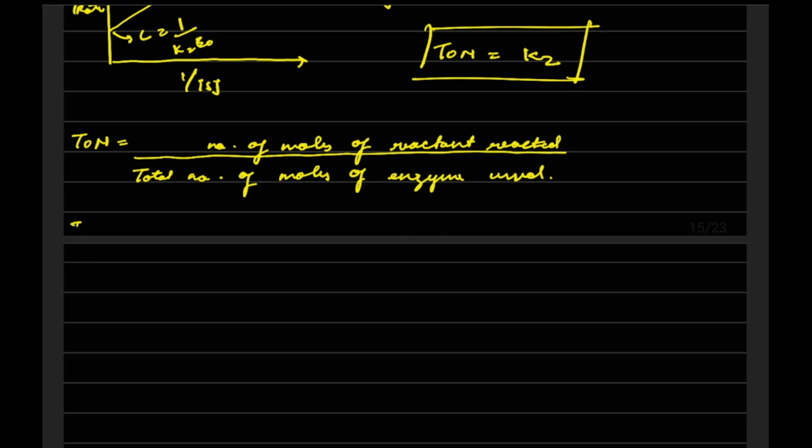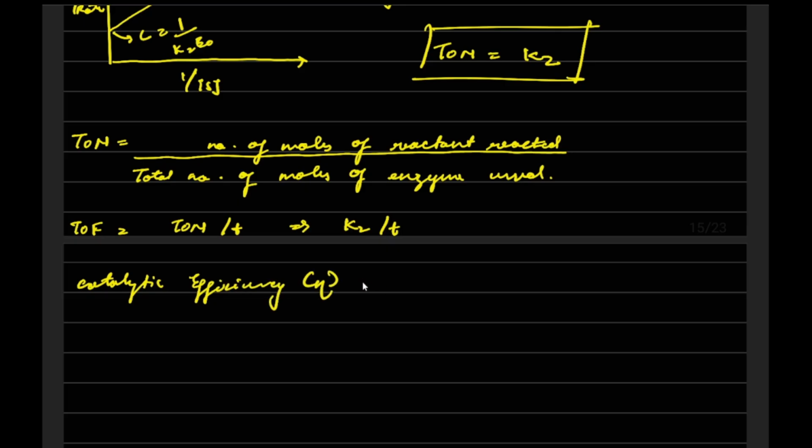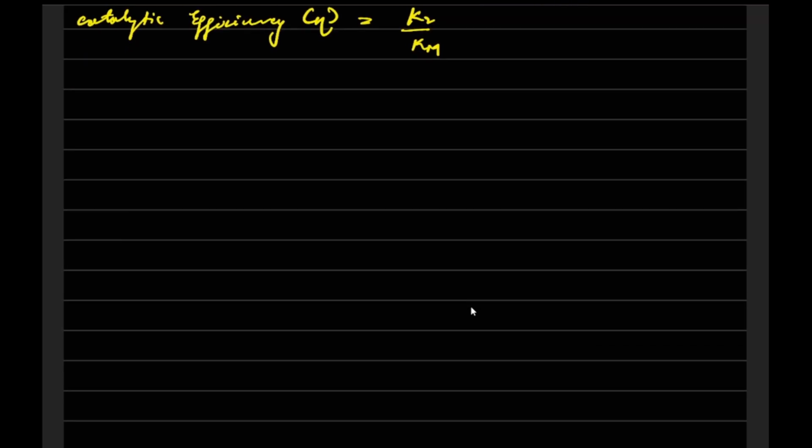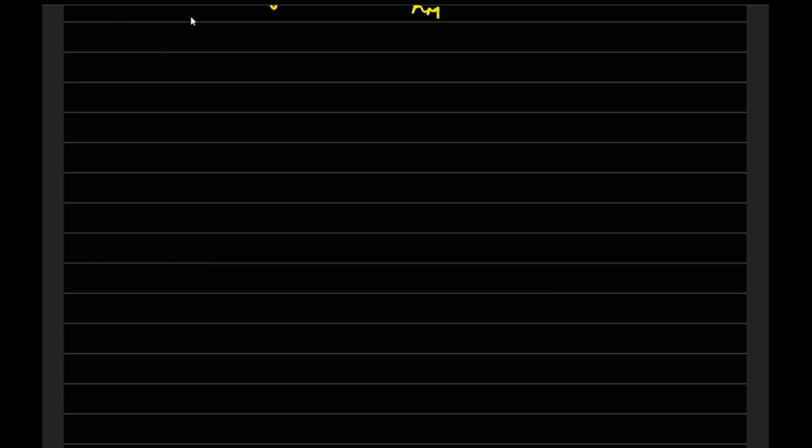And then we find turnover frequency, that is equal to turnover number divided by time. Okay, then catalytic efficiency theta is equal to turnover frequency by Km.